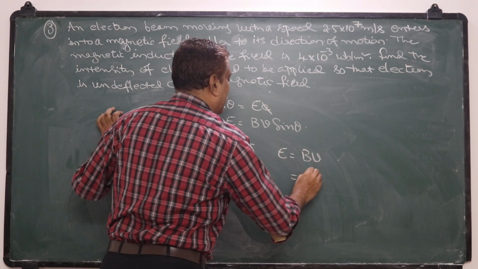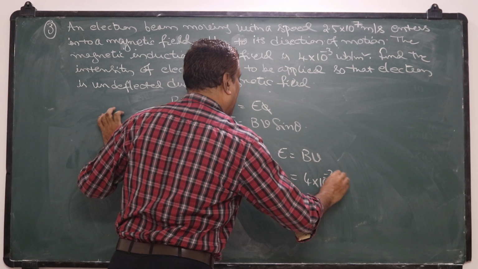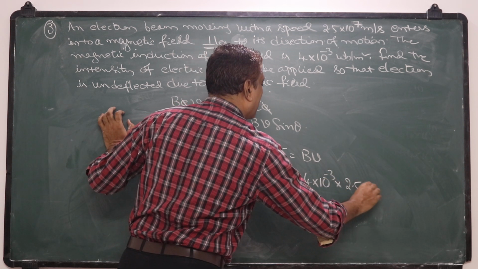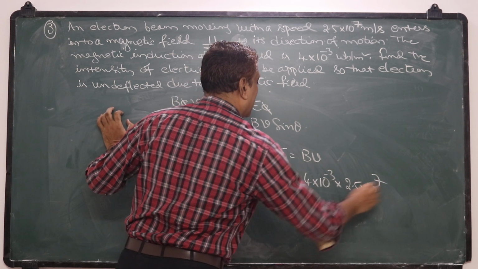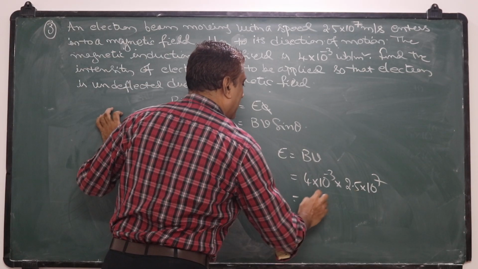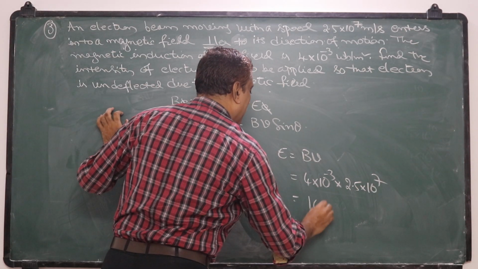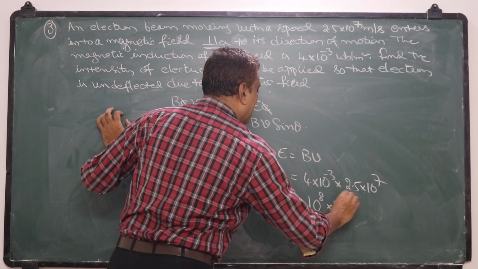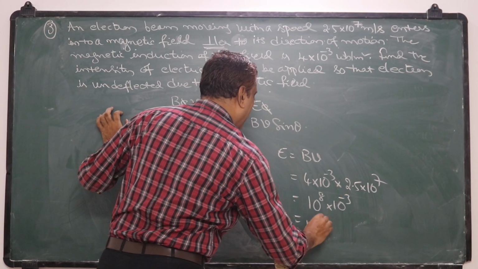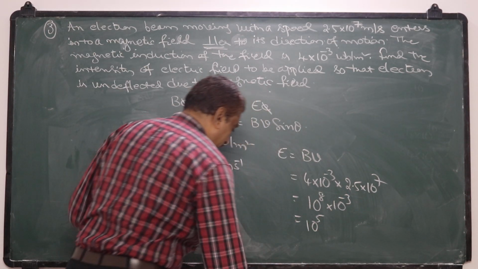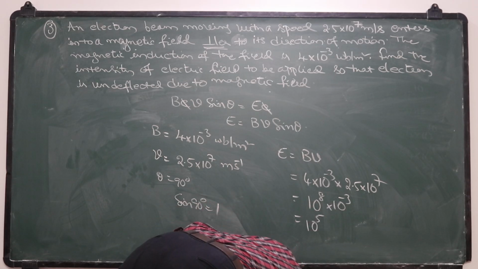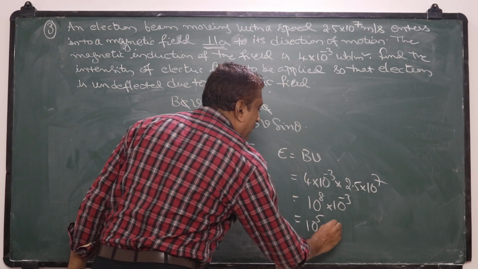So E is BV, that is 4 into 10 power minus 3 into 2.5 into 10 power 7. That is 10 power 8 into 10 power minus 3, that is 10 to the power 5. Electric field unit is Newton per Coulomb.